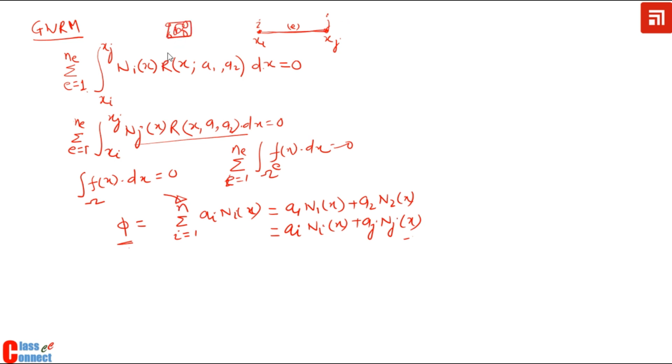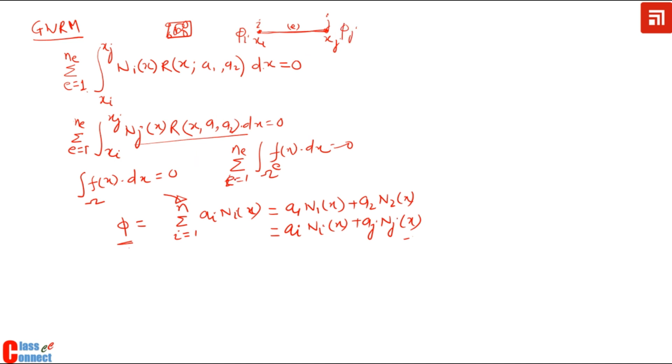In case of 2D it will be the variation within the element, and in 3D within the volume of the element, and so on, and hence it must be assumed that it satisfies the nodal field variable. It means what? What is the value of the field variable here? It is phi i and here it is phi j.